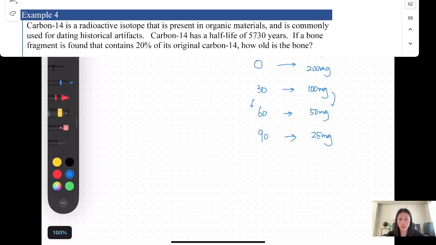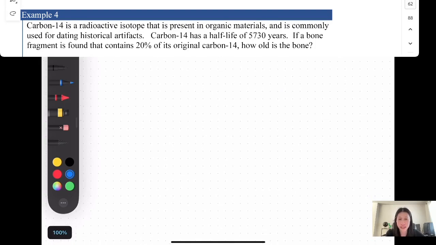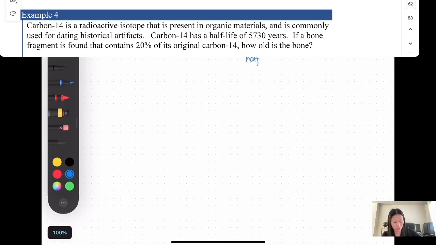Carbon-14 is a radioactive isotope present in organic material and is commonly used for dating historical artifacts. Carbon-14 has a half-life of, so I want to write this down, 5,713 years. If a bone fragment is found that contains 20% of its original carbon-14, how old is the bone?